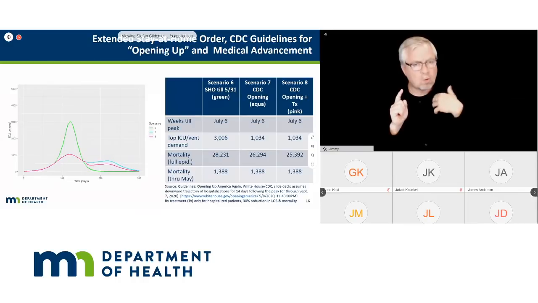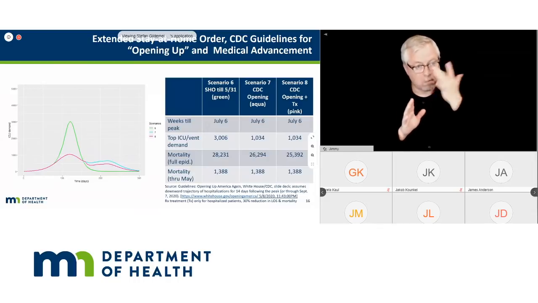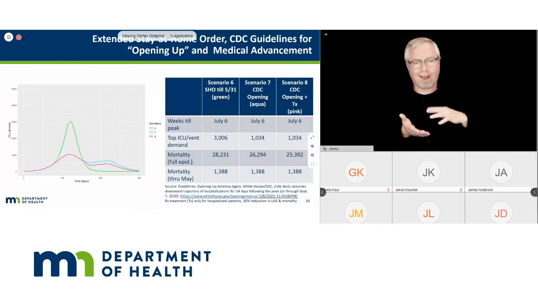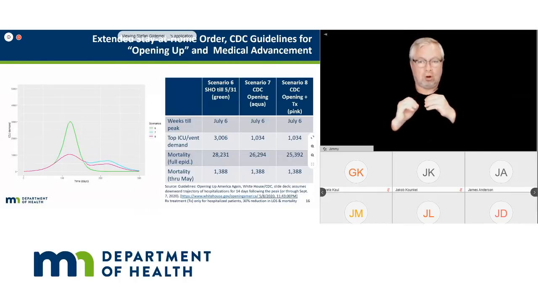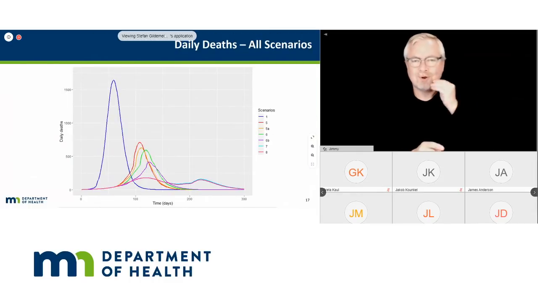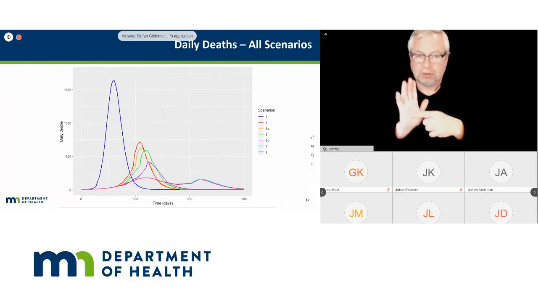If treatment becomes available after a peak, then the benefit of this treatment will accrue to a smaller part of the population. It's not wasted, it's not useless, but I think the impact will be small, and that's something that state leaders, I'm sure, are taking into consideration. I believe I have 2 more slides, and I'll wrap up quickly. This is just to show you the daily death and reiterate the point I made earlier.